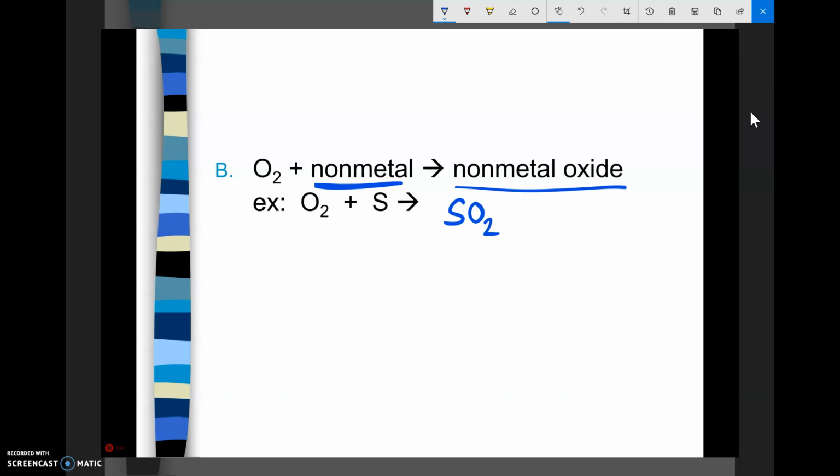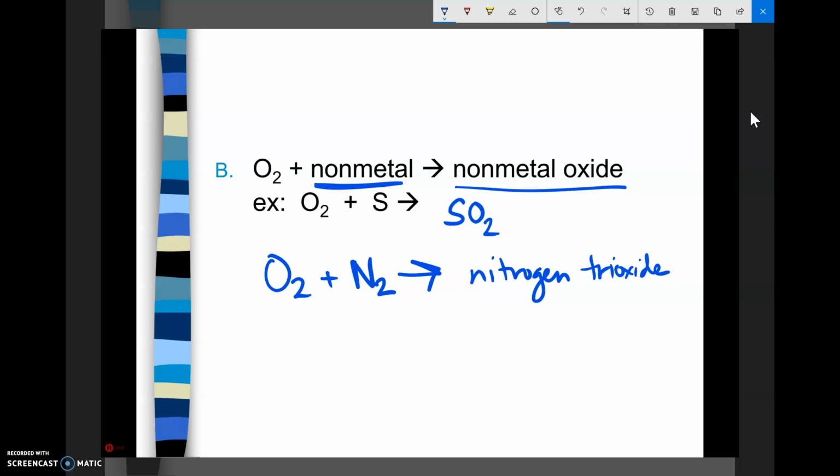Okay, let's say that we have another example. Let's say we have oxygen plus nitrogen. And on this one, let's say that when we smush it together, it doesn't quite work, so I'm going to tell you that this is going to make nitrogen trioxide.